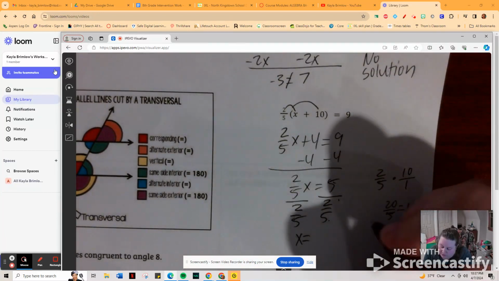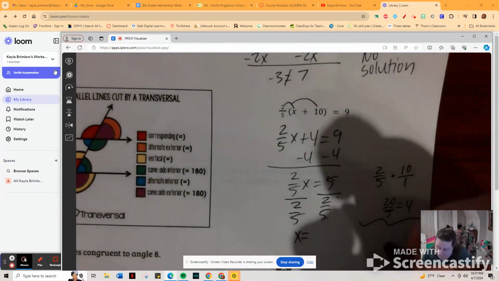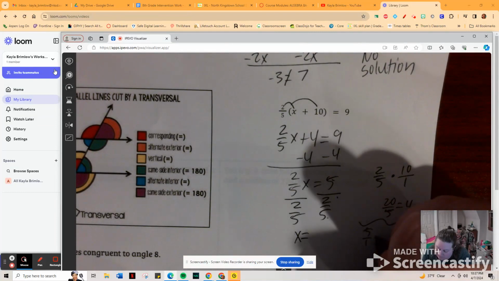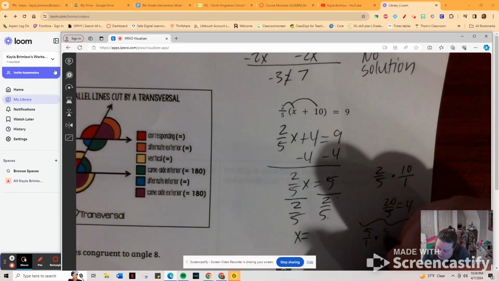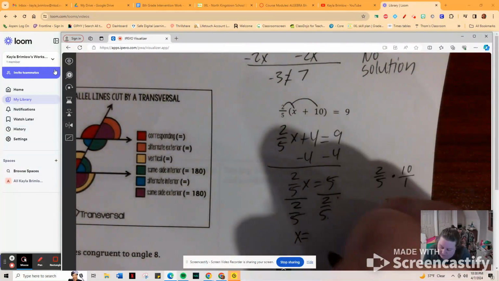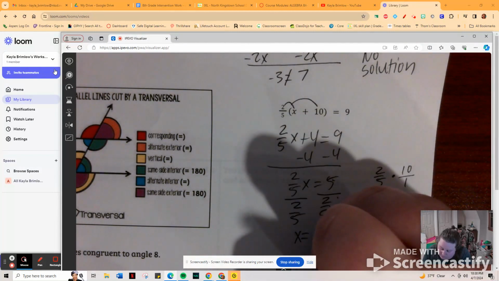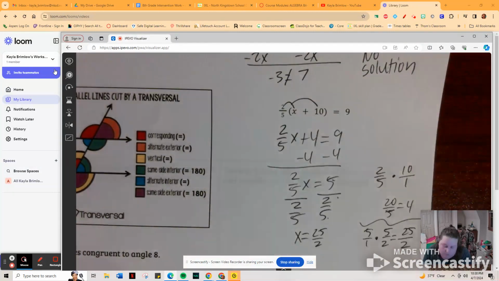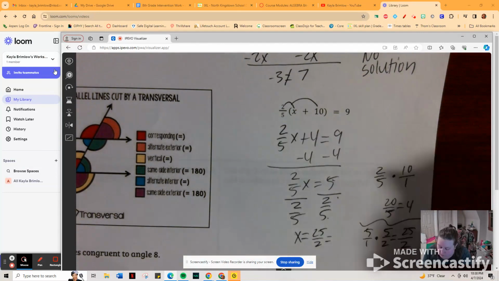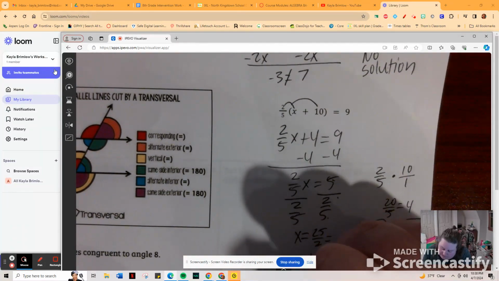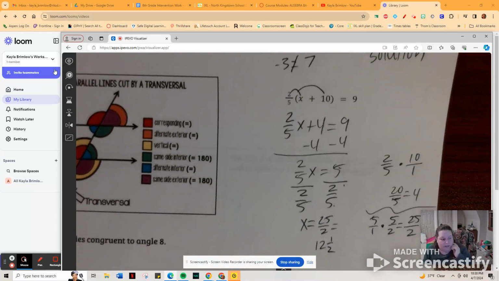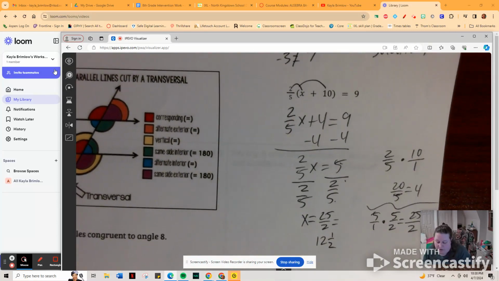So really this is going to be 5 over 1 times 5 over 2, which is 25 halves. And you can leave it like that. You could change it if you wanted to, though, to 12.5.